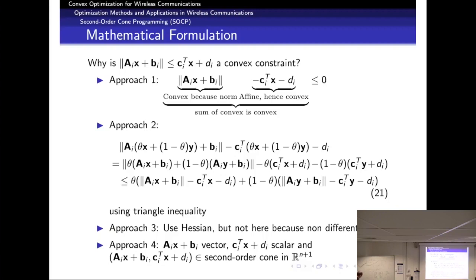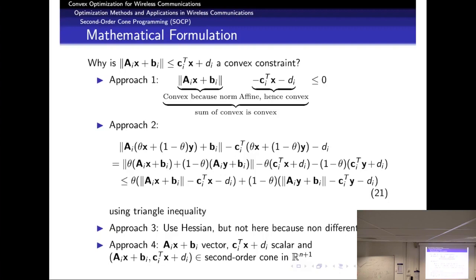You take two points here, x and y, and any point in between, which is theta x plus 1 minus theta y.